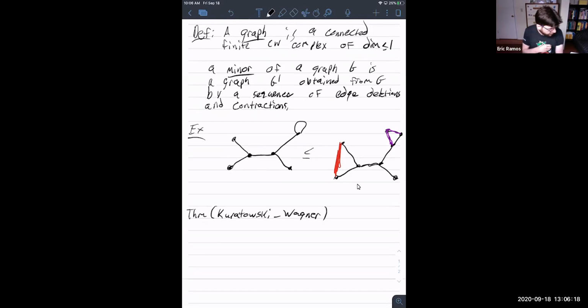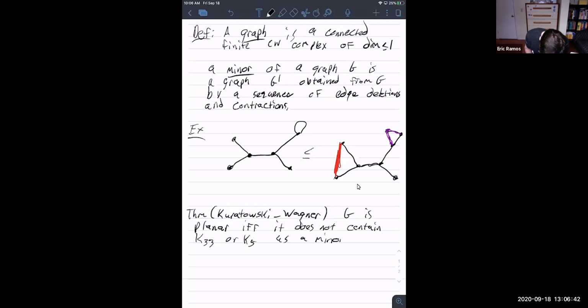Independently, Kuratowski and Wagner proved that G is planar if and only if it does not contain K3,3 or K5 as a minor. So this is the characterization of planar graphs. This is super famous. I'm sure everybody here knows it.